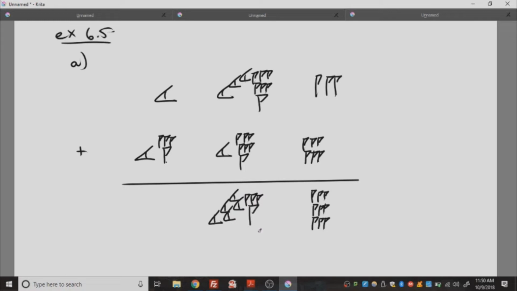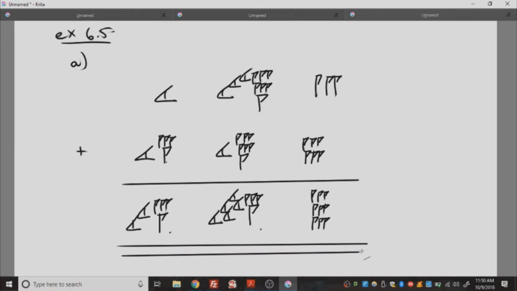So as long as my number is 59 and under, it fits in that place. Then the last column, 10 and 14, that's easy, 24. I am done.